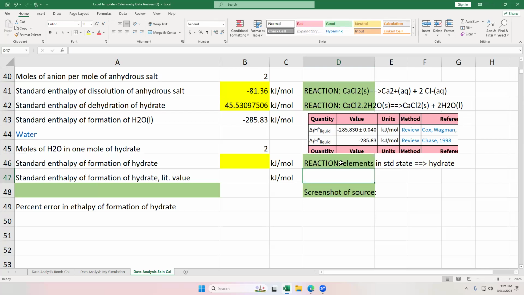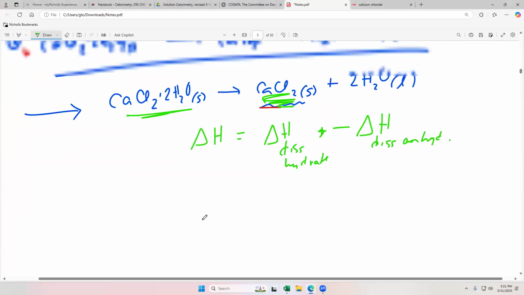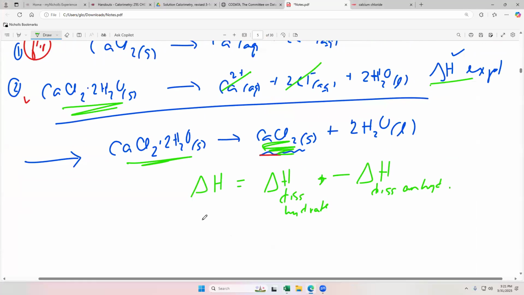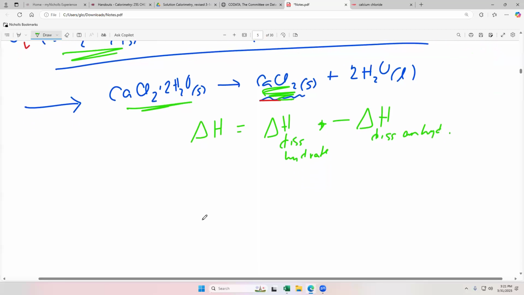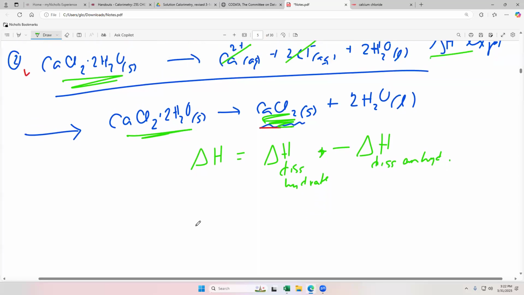So how would you calculate that number? Let's take a look at our dehydration reaction again. We can use the dissolution reaction that we have.